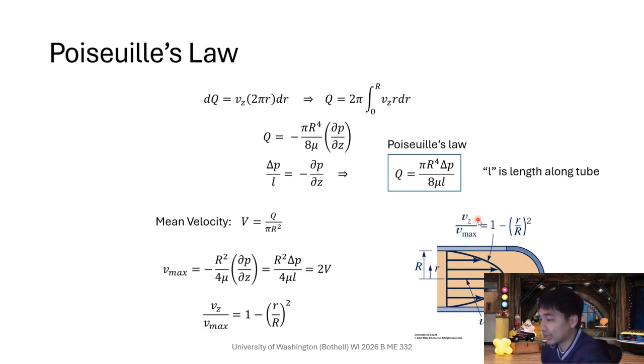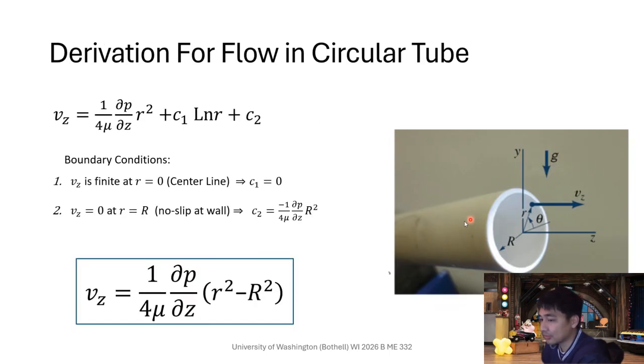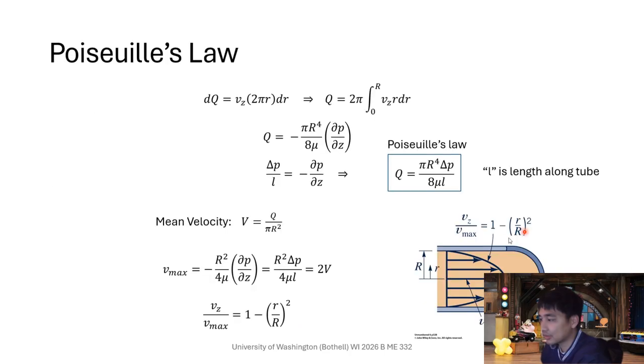And this is just a ratio of your VZ, your velocity in the Z direction, compared to your maximum velocity, which in this figure, since it's parabolic, is right in the center. So the velocity is fastest right in the middle of your tube, which intuitively is what you would think anyway.